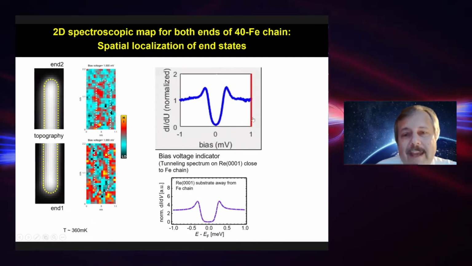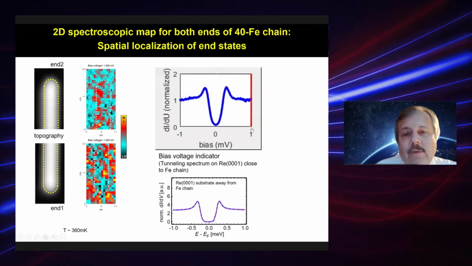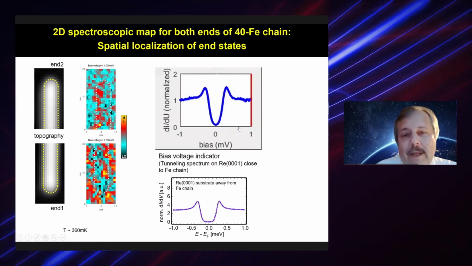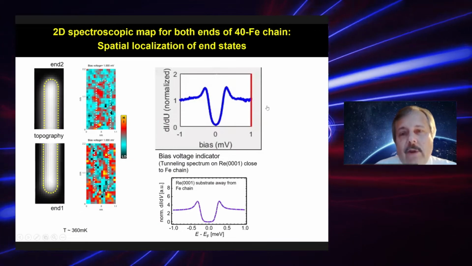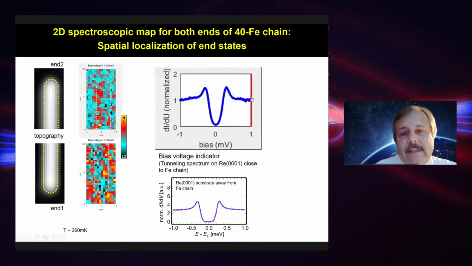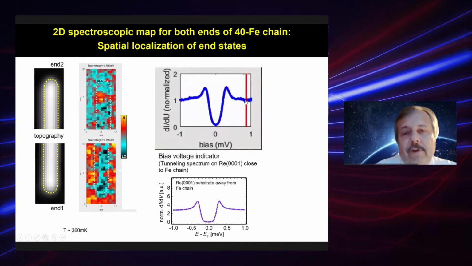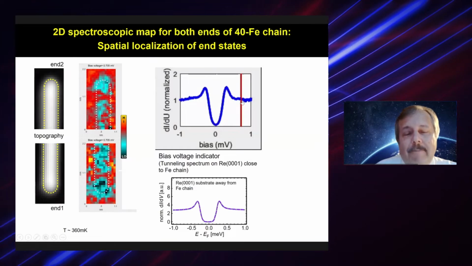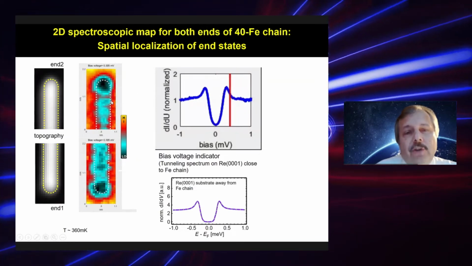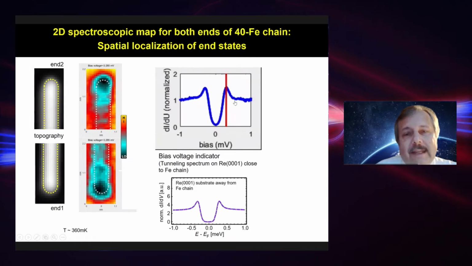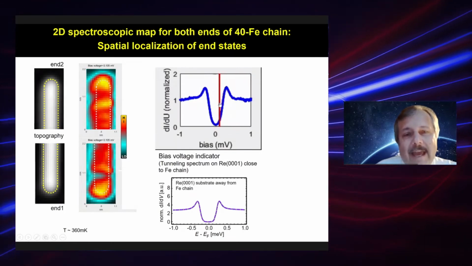So I'm going to sweep the energy from plus 1 millielectron volt above the Fermi level to minus 1 millielectron volt. This is what you are going to see here. Look at this red bar here. So we first are outside the superconducting gap energy. And now look at the spatial distribution of the electronic states once we enter the in-gap region.